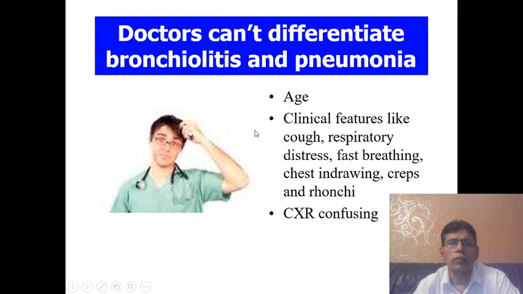Now, the problem with our doctors is that they can't differentiate bronchiolitis and pneumonia, because these 2 diseases sometimes occur in the same age group, and clinical features are the same, like cough, respiratory distress, fast breathing, chest indrawing, crepitations, rhonchi, and the X-ray is confusing.